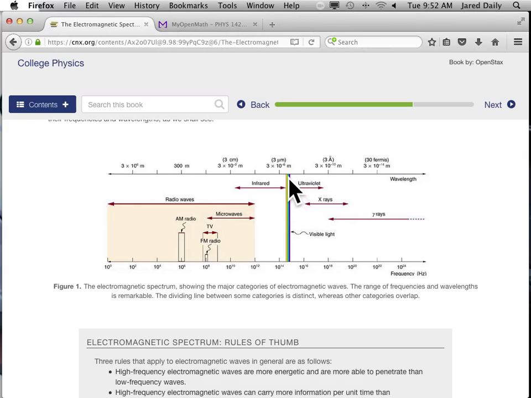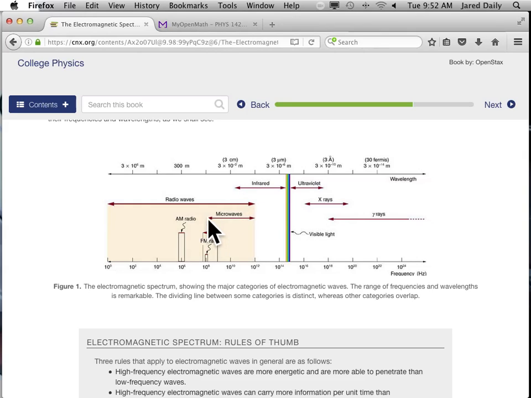So we can only detect with our eyeballs about a 400 to 500 nanometer range of this stuff. But if you go longer than nanometers and you get up into the micrometers, microns, a millionth of a meter, you're into the infrared region and into the microwave region even. The microwave region takes you into the millimeters and centimeter range as well.